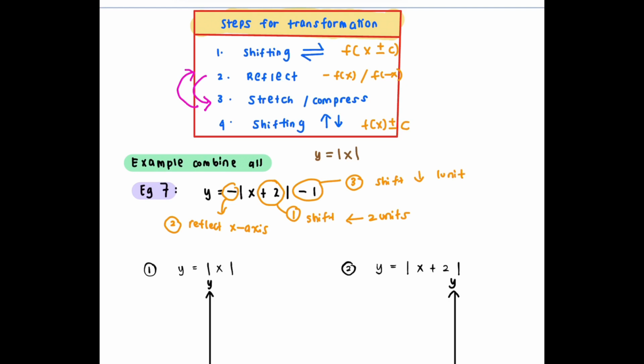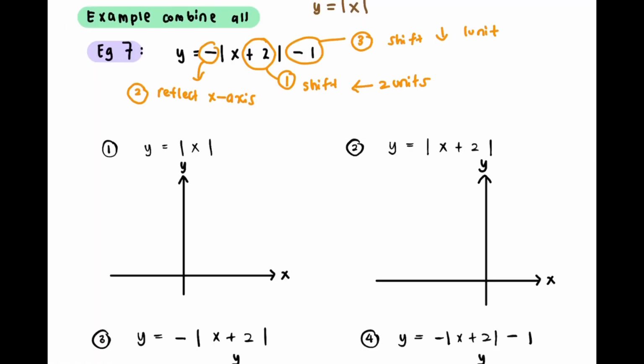Okay. So let's start step by step. Make sure your first graph will be your basic graph only without any transformation yet. So the basic graph will be y equal to modulus of x. So how is the shape of your basic graph? The basic graph is always the V shape for the absolute value or modulus equation.